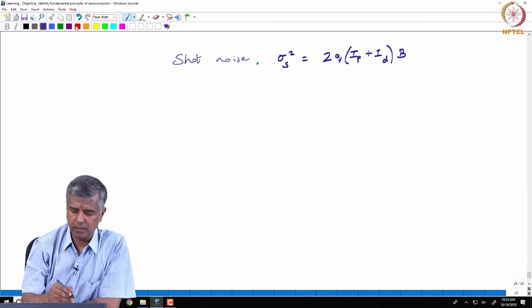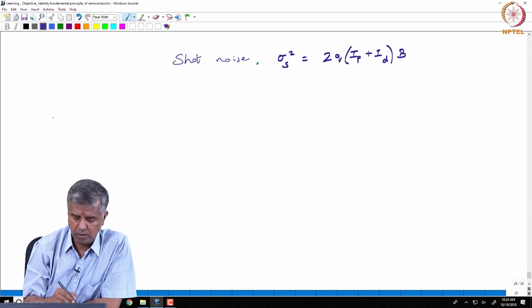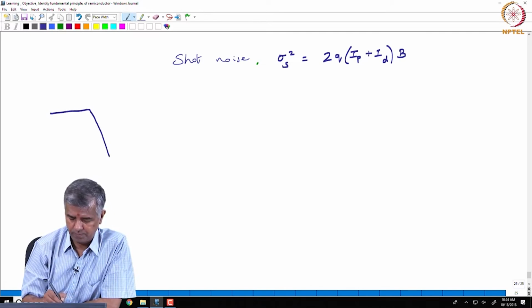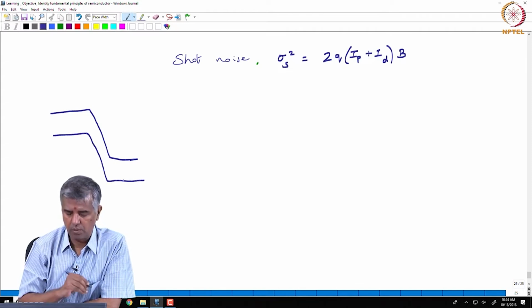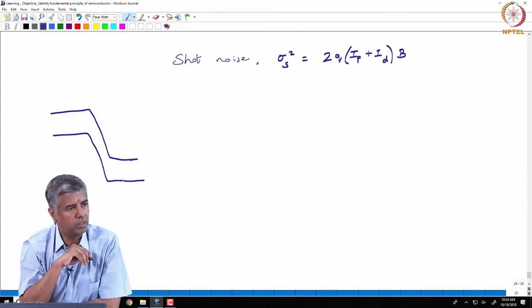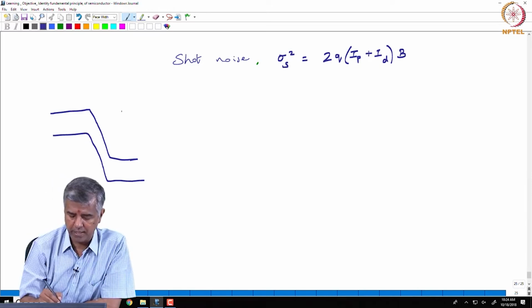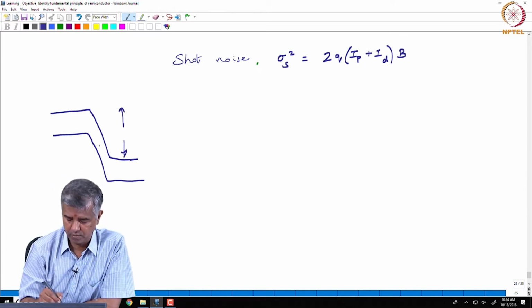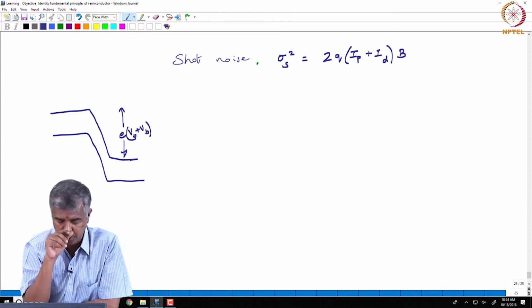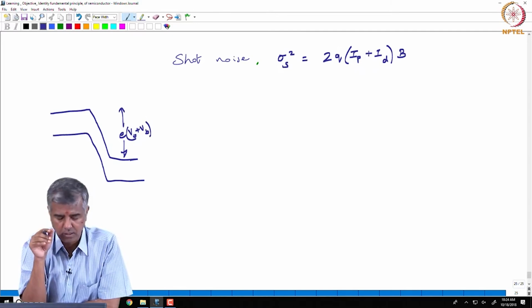So, what is the dark current? When we talk about these biased photodiodes, we are typically talking about this barrier height. This is in terms of energy. So, the barrier height is V naught plus V b, where V b corresponds to a reverse bias, right.